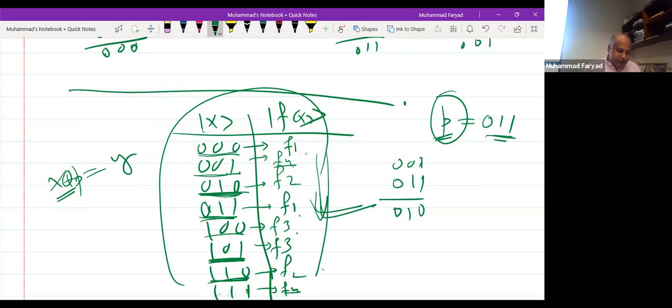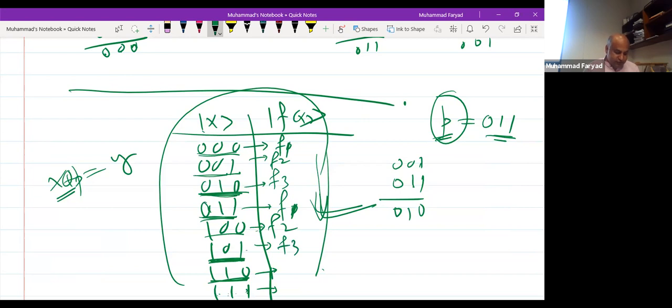But if we have a situation like this, let me rub it out. Let's say we have some F0 for this, and this is also some F1, and then if we have this 001, it maps to some output F2, and this maps to some output F2, and if this maps to some output F3, then this maps to some output F3.